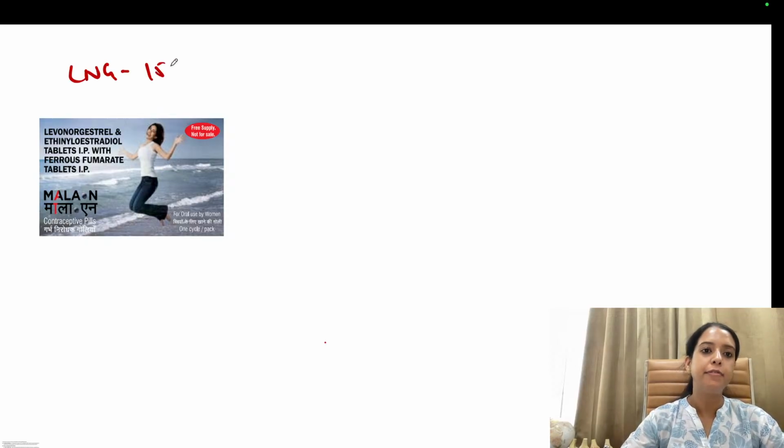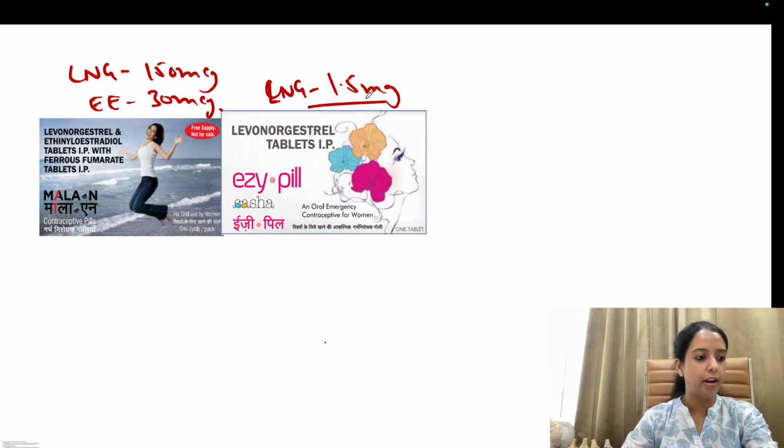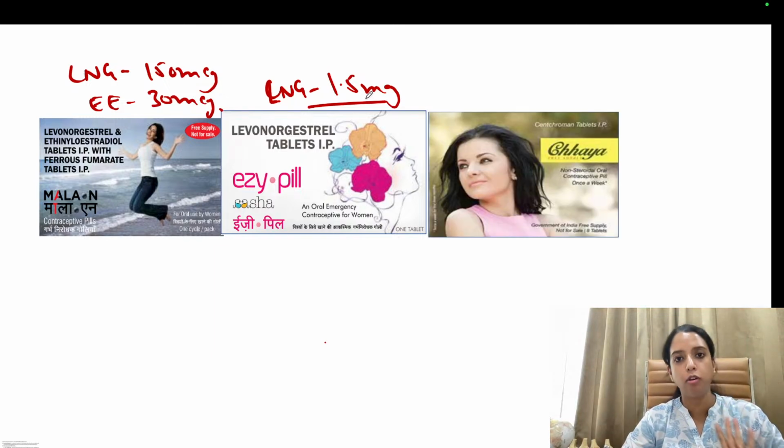LNG is 150 mcg. Ethinyl estradiol is 30 mcg. ठीक है? Levonorgestrel tablet, the emergency contraceptive pill, where 1.5 milligram levonorgestrel pill is there. ठीक है? E-pill. So it is all available free of cost. So you have to know about them.